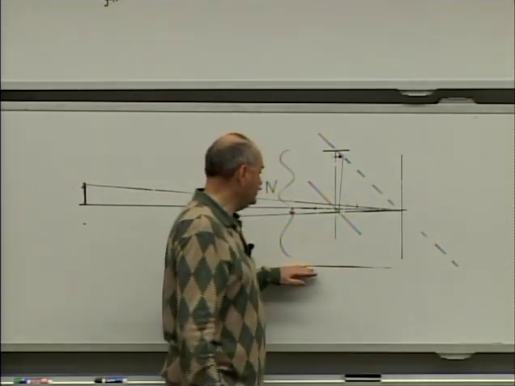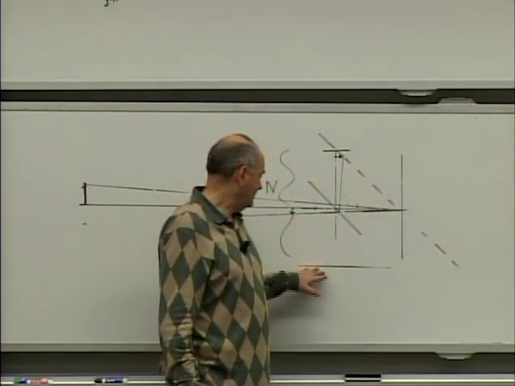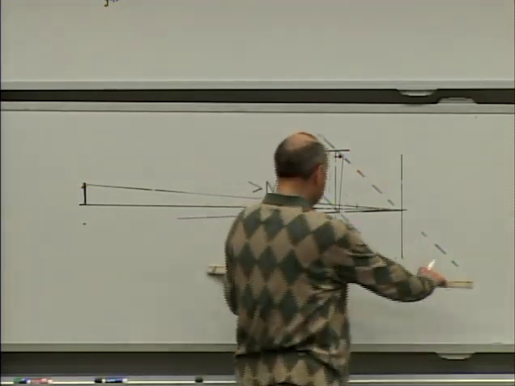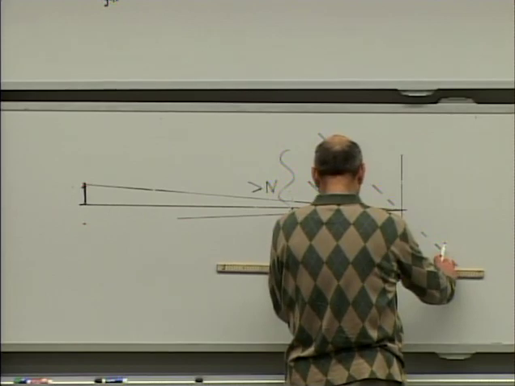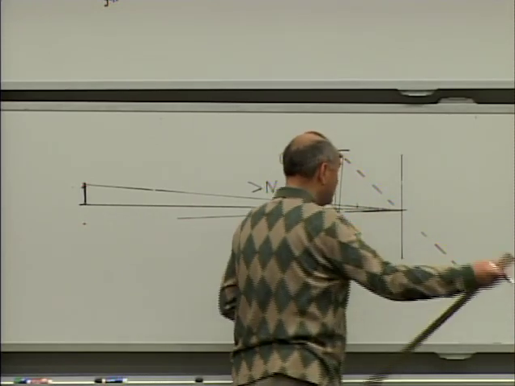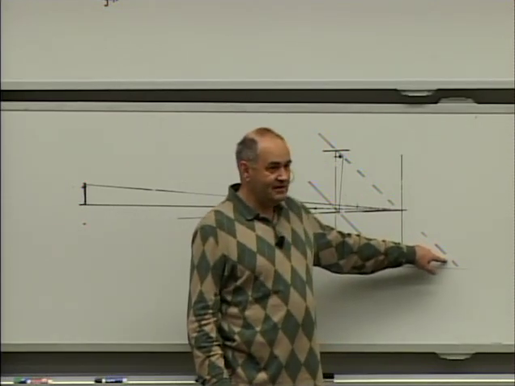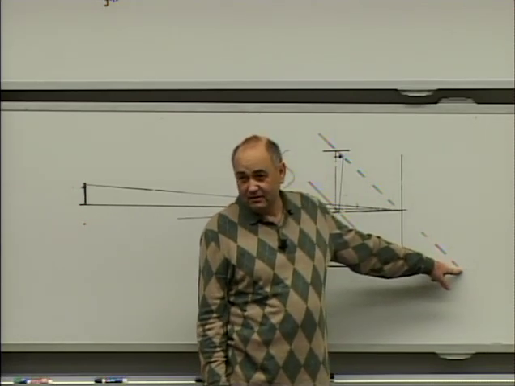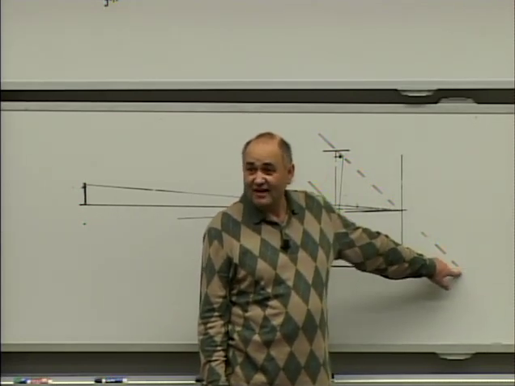Well, we already said that we want to have it there. Let's be consistent, in this plane. And so the image is in this plane, and the extension of the image chief ray hits the plane at that point, which means that here is the final image.